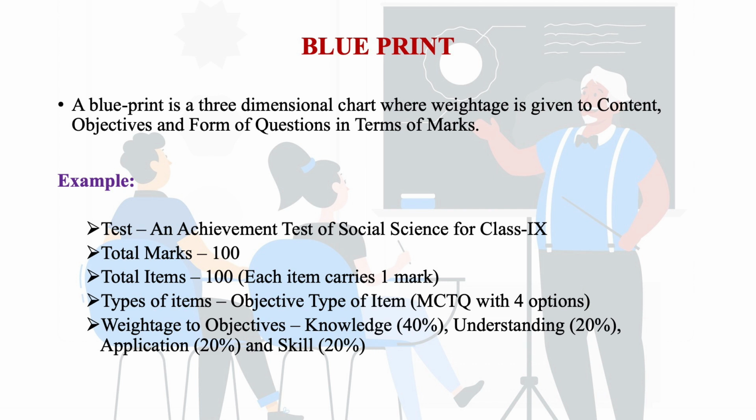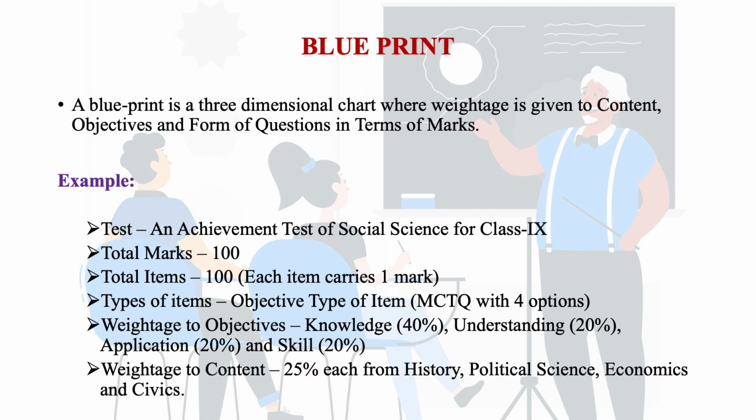Then weightage to the objectives: knowledge objectives are given 40% weightage, understanding 20%, application 20%, and skill 20%. Then weightage to content: 25% weightage is given to each of history, political science, economics and civics.